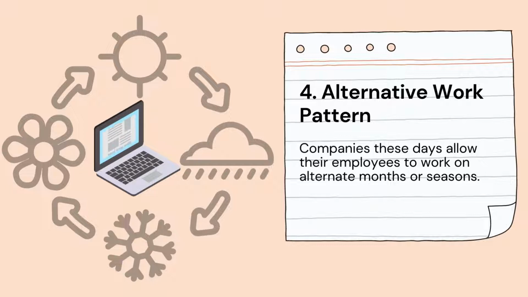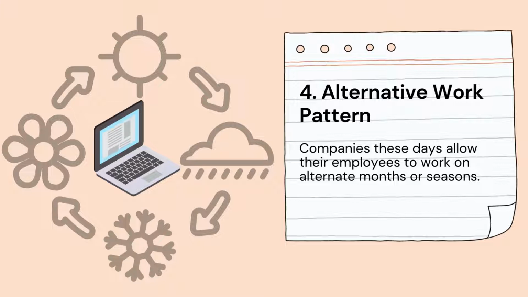Next, we have alternative work pattern. So companies these days allow their employees to work on alternate months or seasons. Though the concept is not that common, we cannot see this in our country, but it can be seen in India, in Europe, and in American nations.